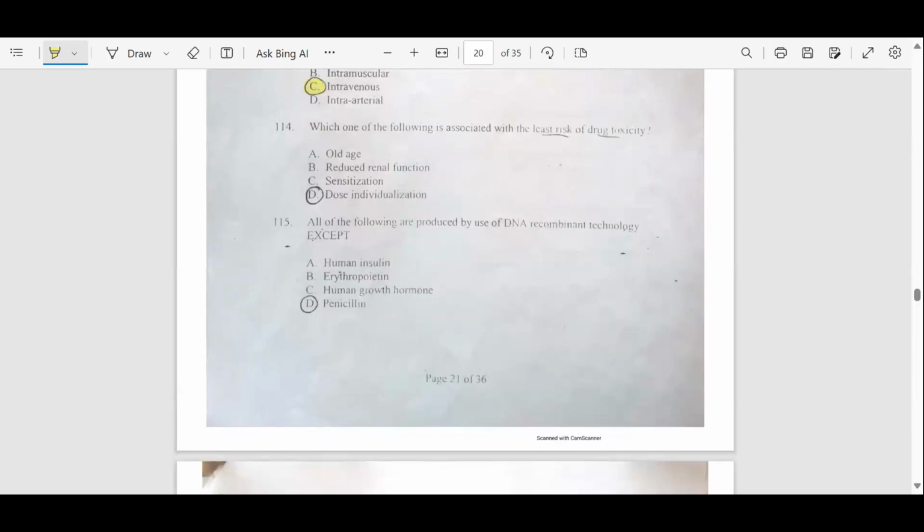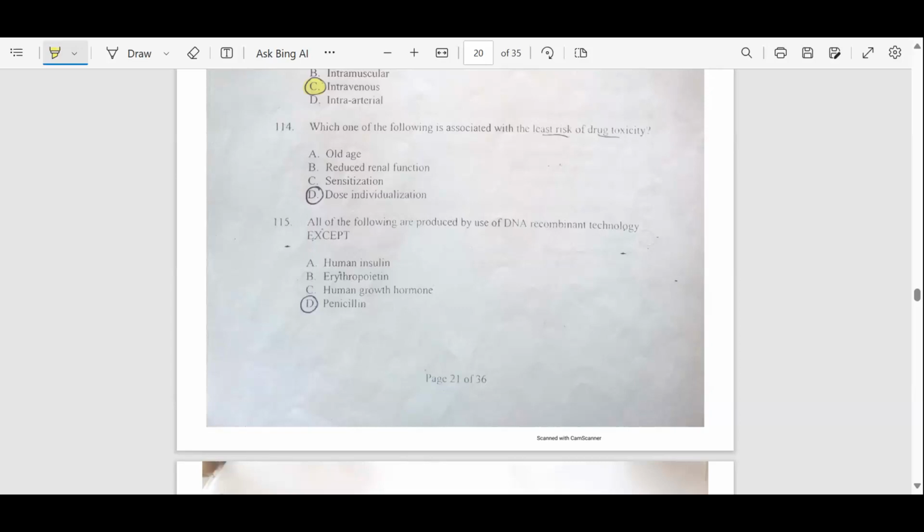I think D. Because if a drug is dosed at, for example, 1 mg per kg, we'll be giving exact, individualized doses to each person, therefore reducing the risk of toxicity.